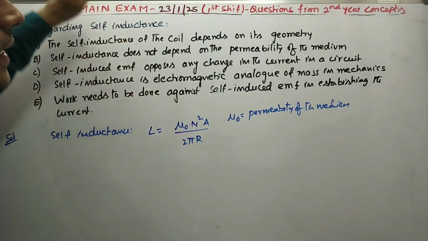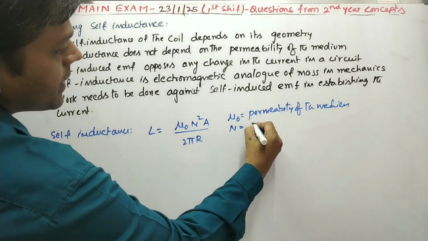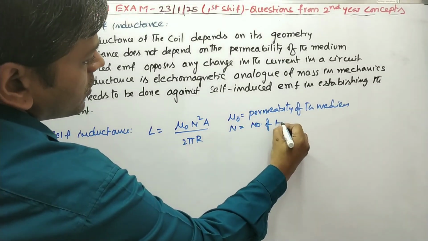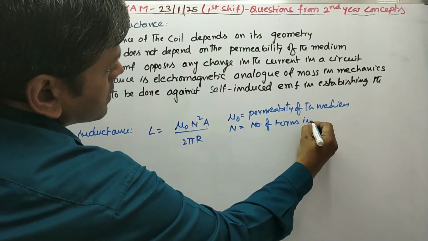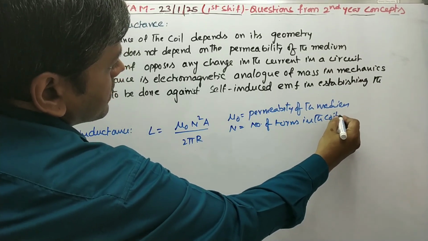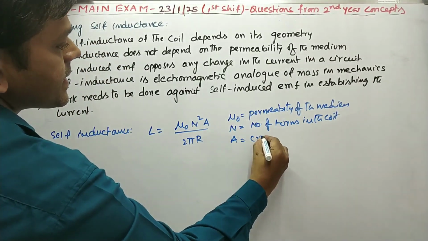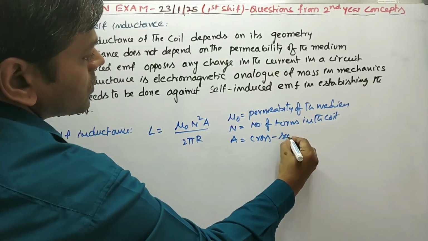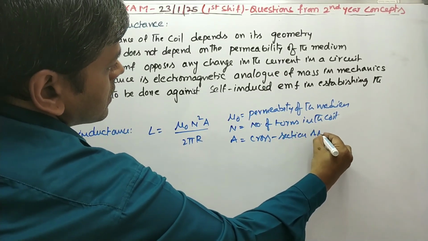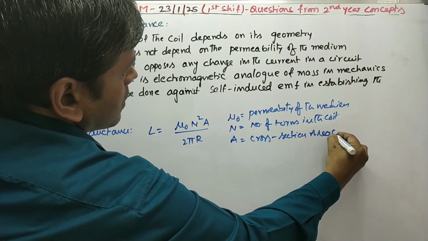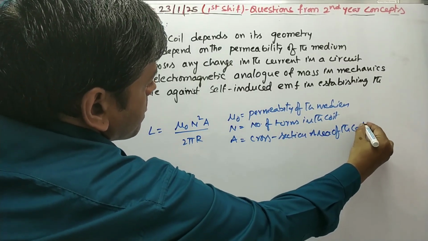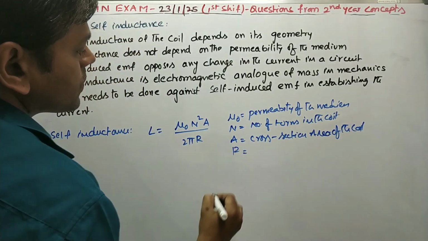Here n is equal to the number of turns in the coil. A is equal to what? Cross-section area of the coil. R is equal to what?